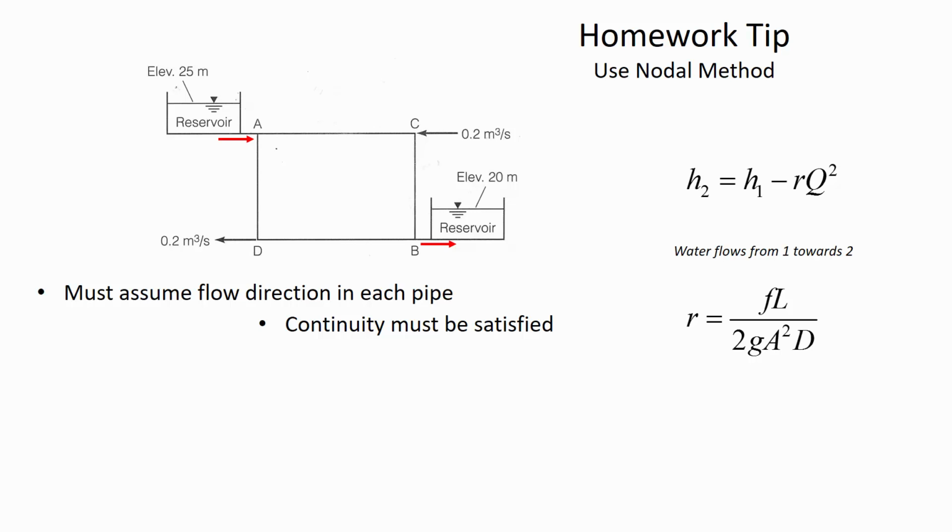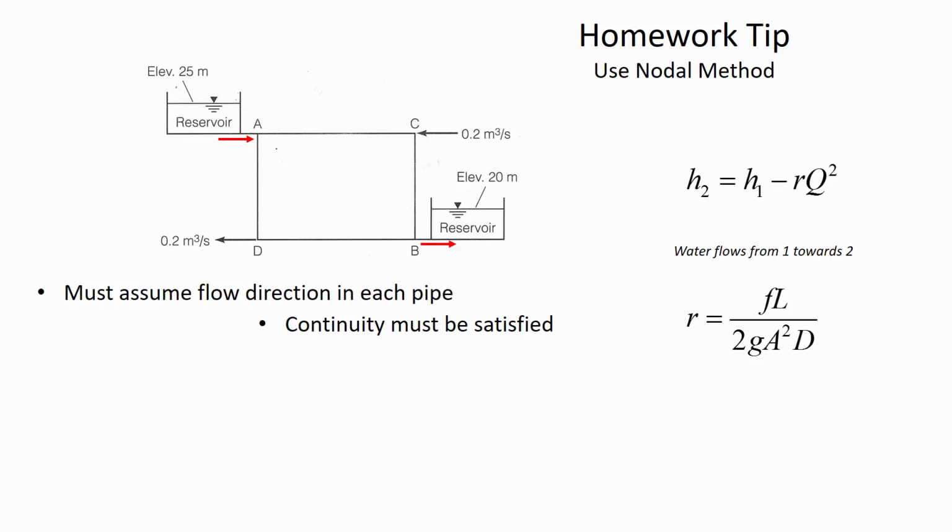So now if I'm going to write the energy relationship, I would say that the head at C is the head at A. And if the water is going from C towards A, then that means that the head at C has to be bigger than the head at A. So plus R times Q squared.